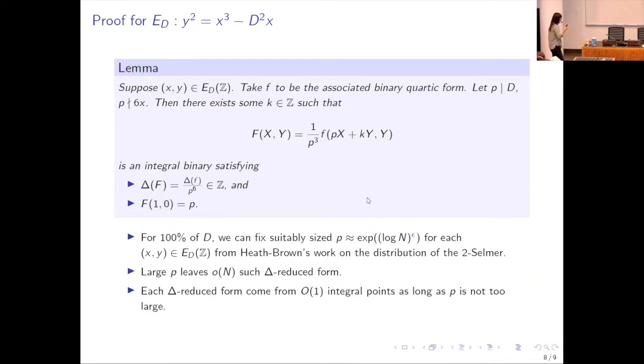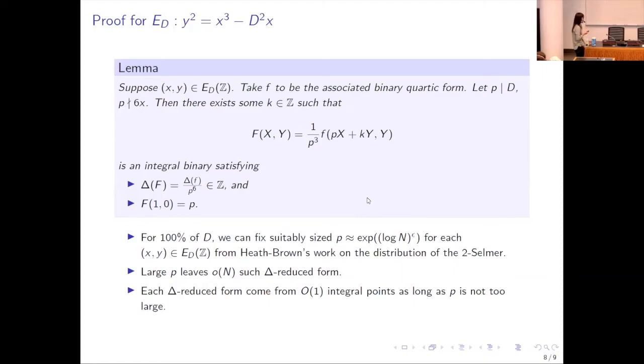And this is something I could control using Heath-Brown's argument. In Heath-Brown's work on the two-Selmer moments, you can extract information about the GCD of the x coordinate of the point and D.